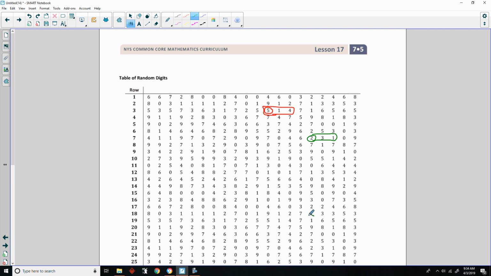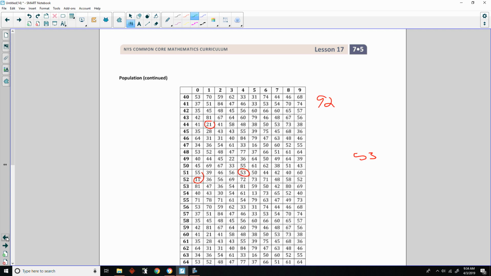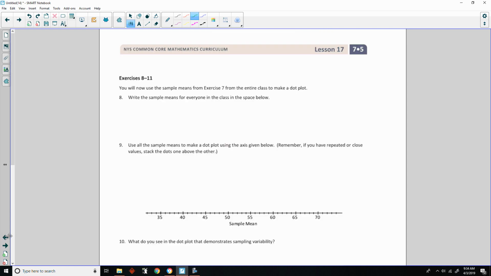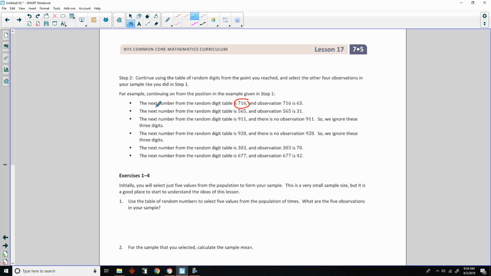They found 716, like right here. And 716 is 71, and 0, 1, 2, 3, 4, 5, 6 is 63. Okay, all right. So the next number from the random digits table was a 565, and that gave us 31, and so on and so on, and so they found these numbers. So that's how you find your sample of however many they asked for.